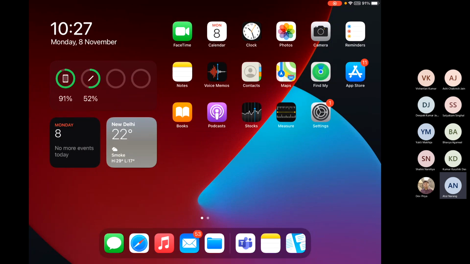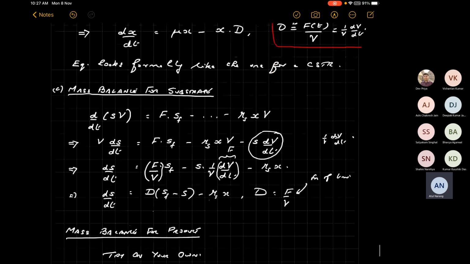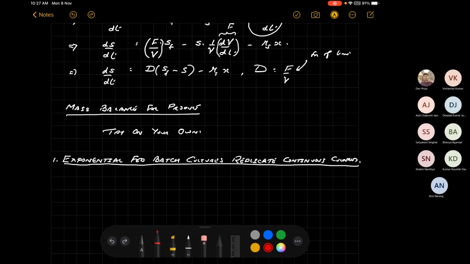Now that you understand it, let's just flesh out a couple of details. Given any D in a CSTR, actually, let's give it a different symbol. Let's call it D_CSTR.